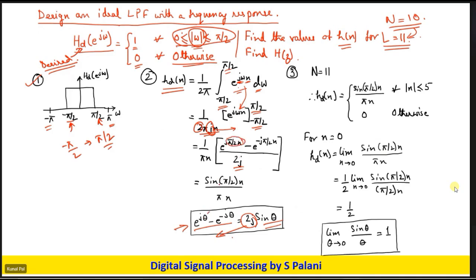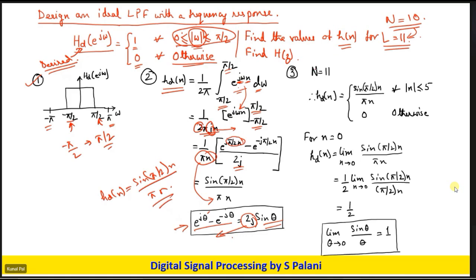So sine of πn/2, and this πn comes in the denominator. Up to this, we have got the value h_d(n), which equals sine of πn/2 divided by πn, right?